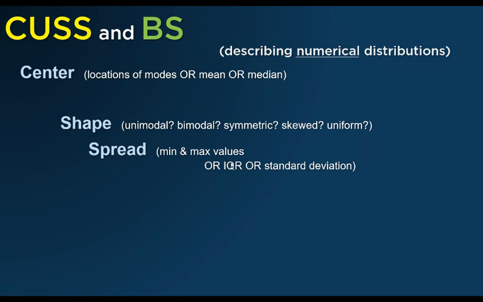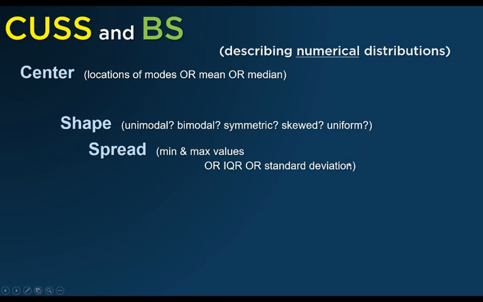Be careful how you use the word range. The range of a data set is a single value. So you don't want to say that the data ranges from 3 to 50 because that's a misuse of the word range. IQR we'll talk more about when we talk about box plots, but that's a measure of spread, or standard deviation.